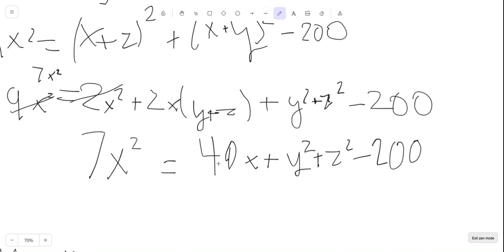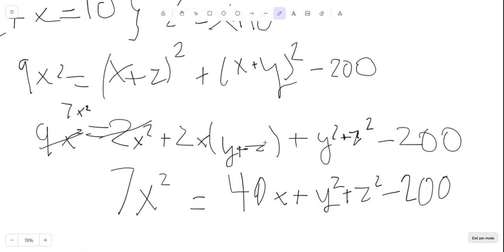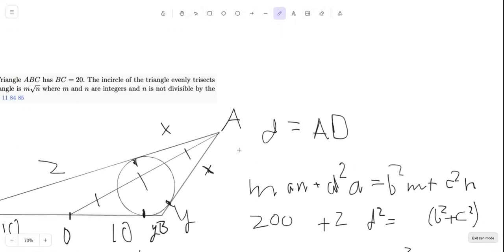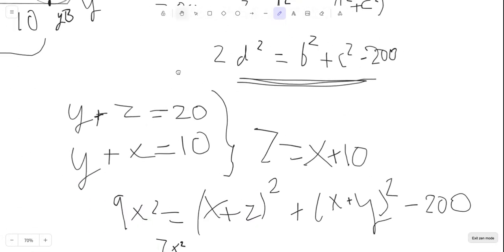And using those, actually, wait. No, never mind.